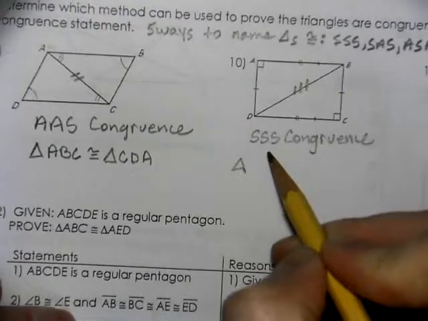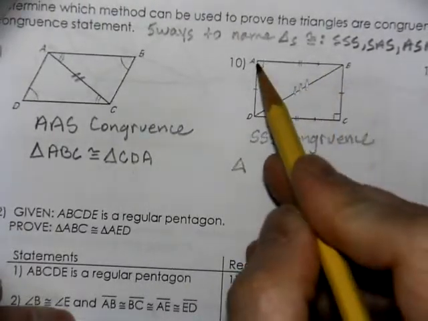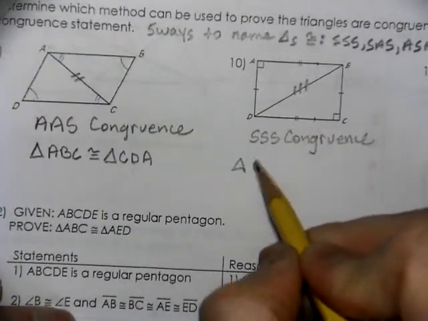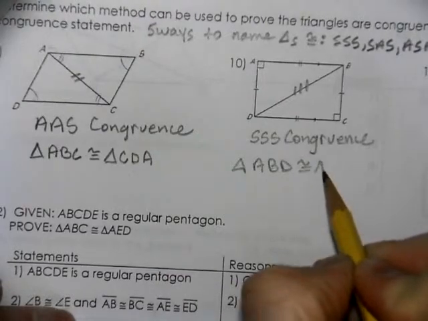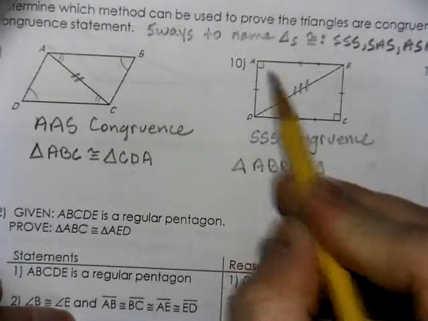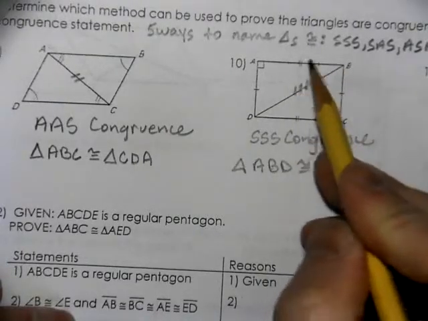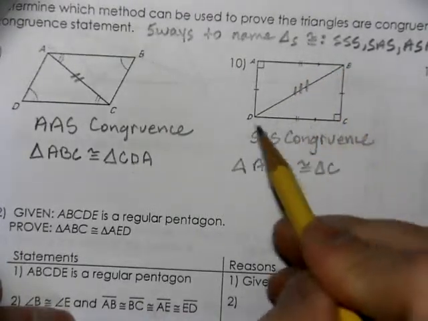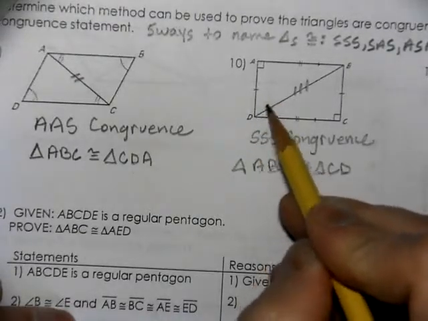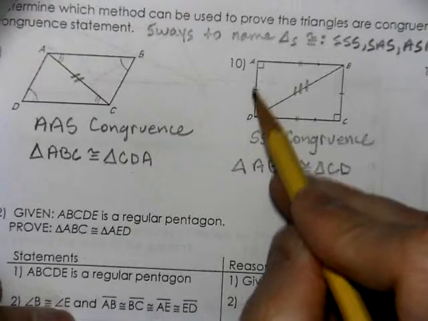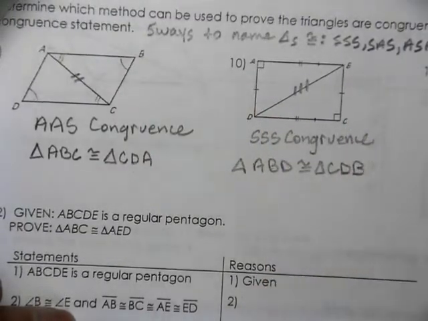And the way we're going to name that triangle, I'll name my first one with any three-letter combination, ABD. The A has the right angle, so that goes with the C. The B is out at the end of the parallel line, so that's going to be D. And then the D is down at a bigger angle off the one ticker. So off the one ticker leads you up to the B.